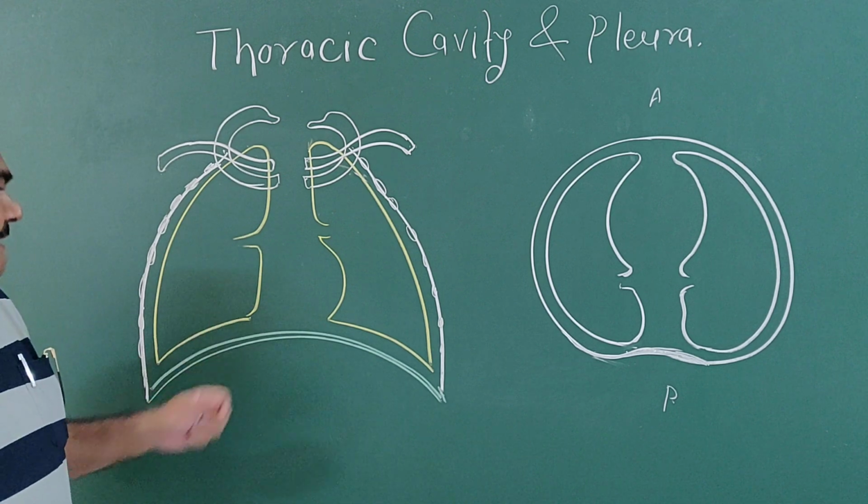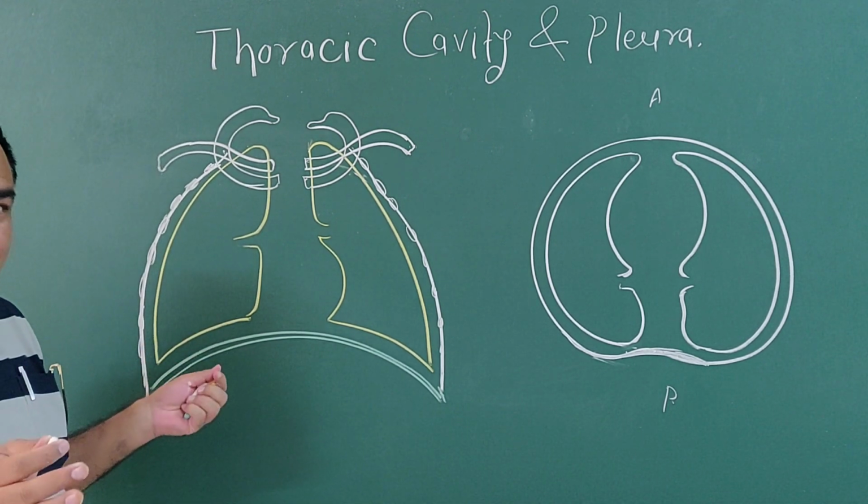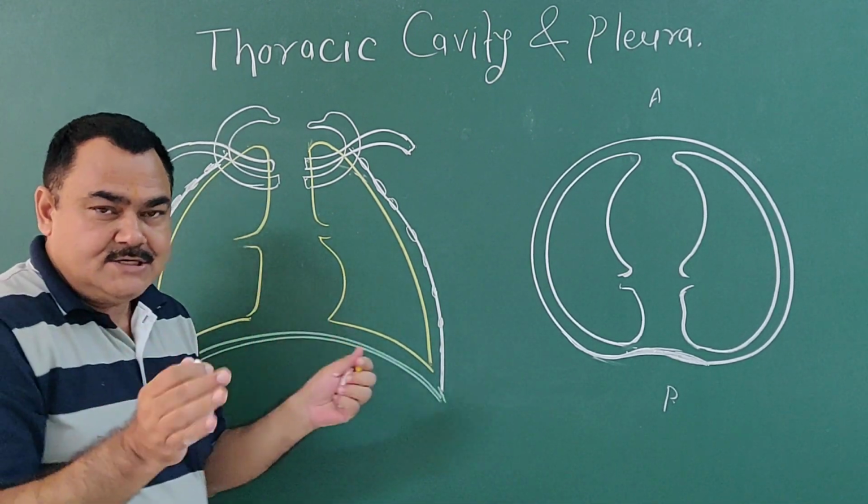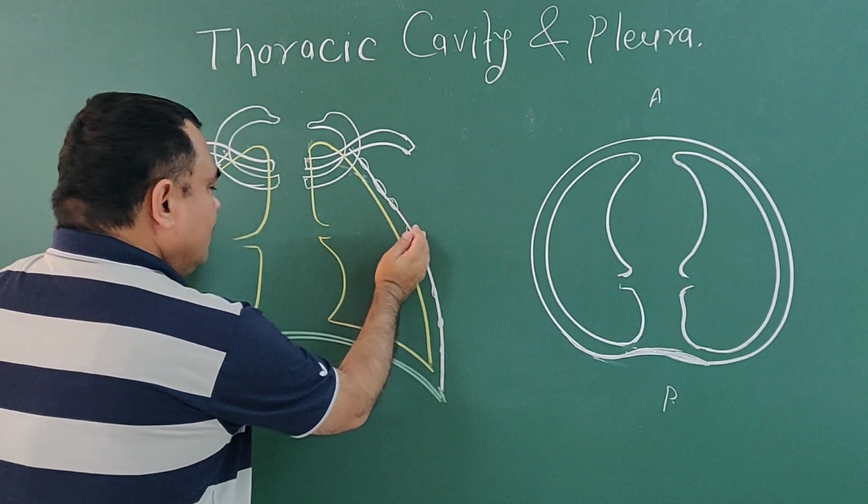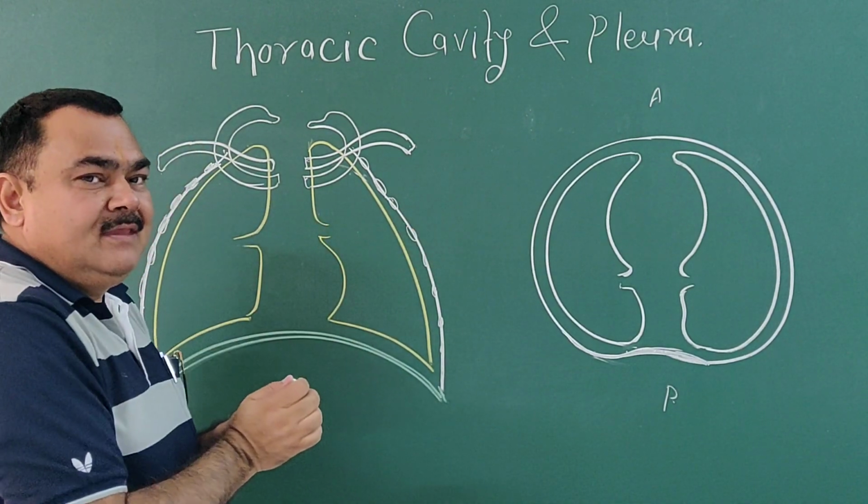This is the thoracic cavity. The cavity lies within the thoracic wall. So here is the thoracic wall, here is the thoracic cavity.